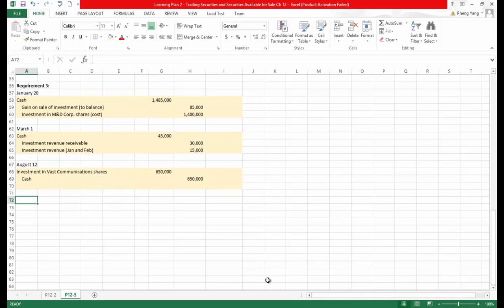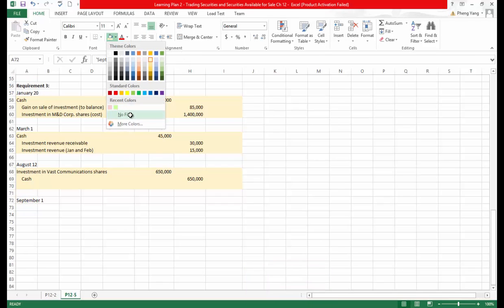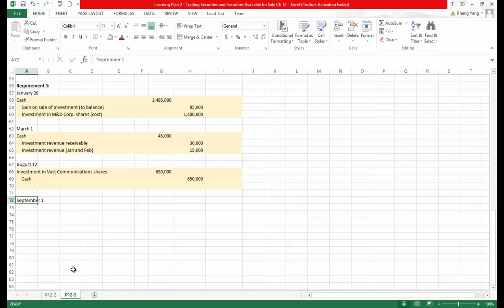Okay. And then on September 1st, they received semi-annual payments on interest of $45,000 on the investment in American Instrument Bonds.